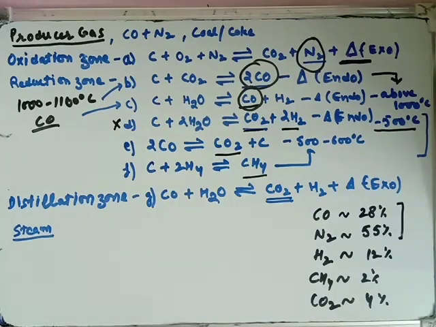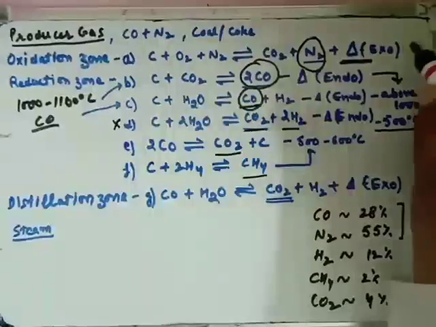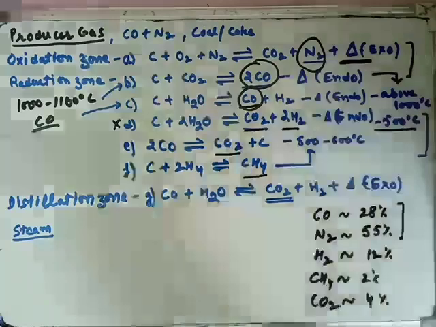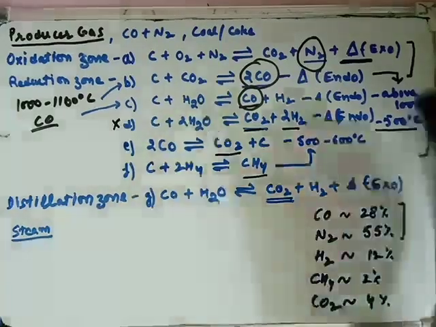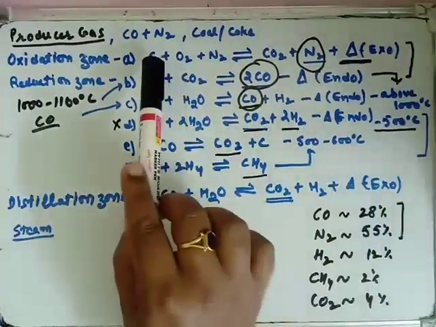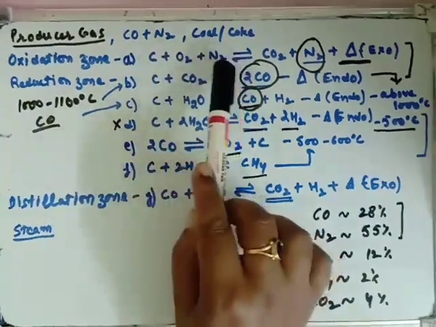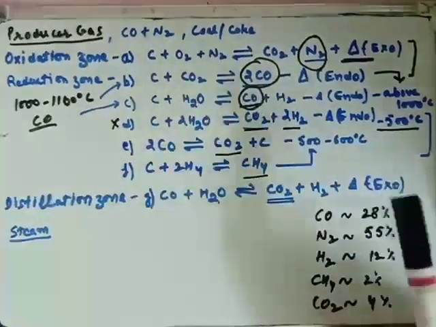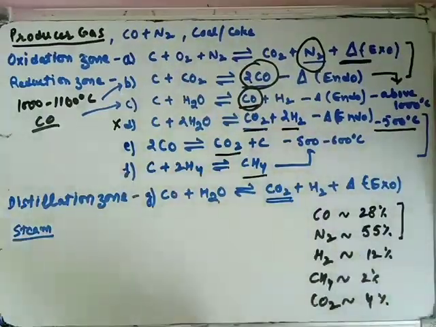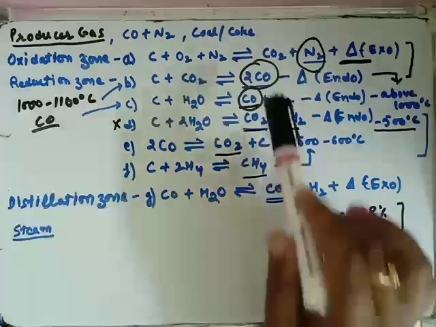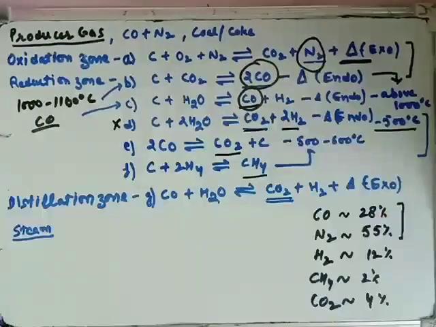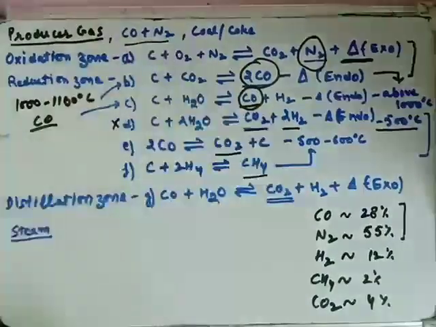Now I want to discuss one more point. You can see these two reactions. The first two reactions are the reactions of carbon with air, carbon with oxygen, and nitrogen supplied from the air, right? In the first two reactions, we have already obtained carbon monoxide and nitrogen, and the producer gas is carbon monoxide and nitrogen.